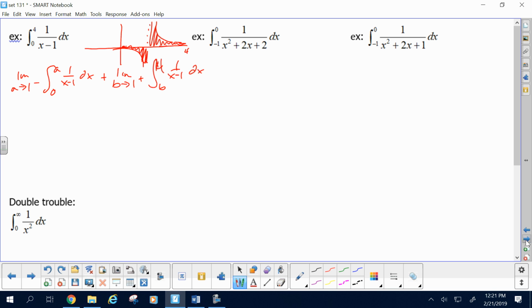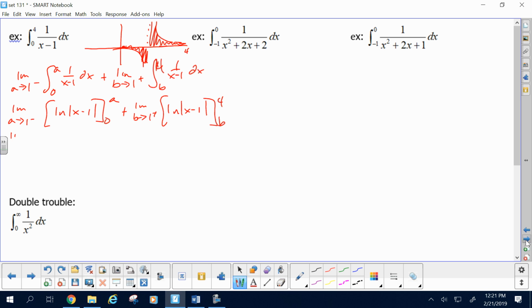Okay, so here we go. The limit as a goes to 1 from below of the natural log of the absolute value of x minus 1 from 0 to a, plus the limit as b goes to 1 from above of the natural log of the absolute value of x minus 1 from b to 4. Okay?